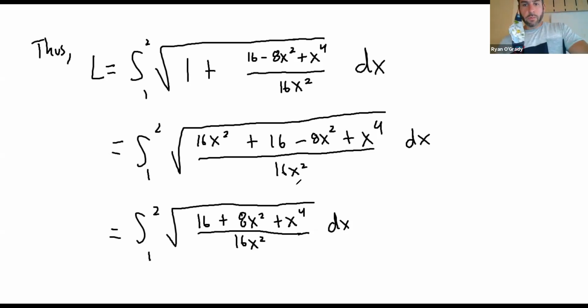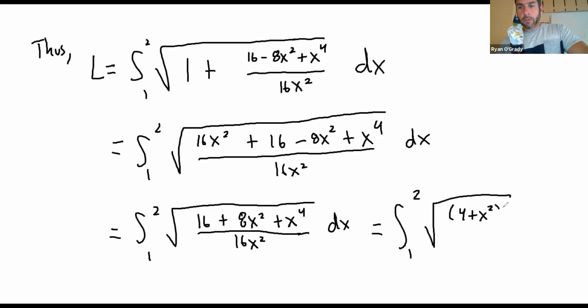And so here's where the magic happens: the numerator is nothing more than 4 plus x squared, quantity squared. So that perfect square, and you can multiply this out and verify it for yourself.